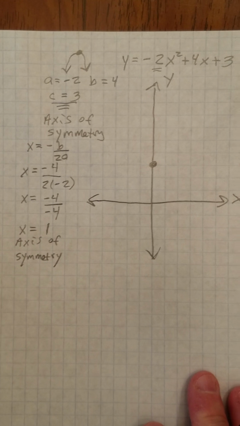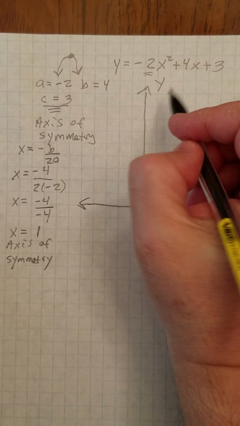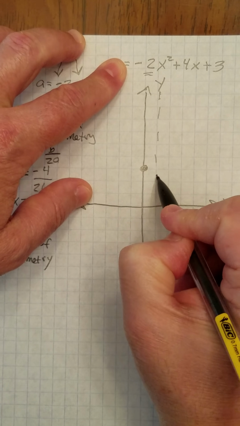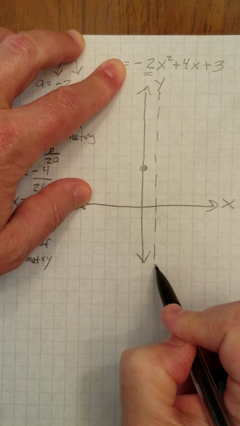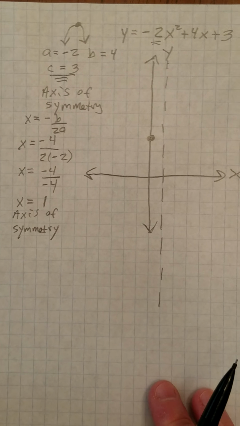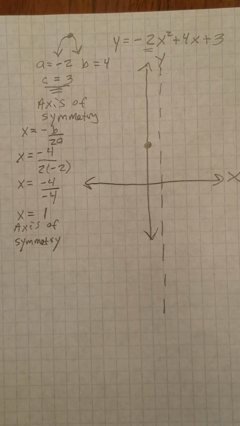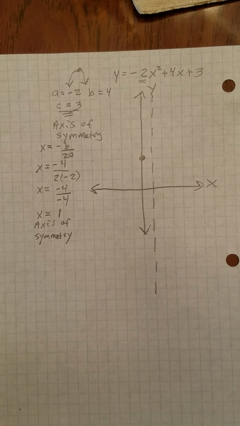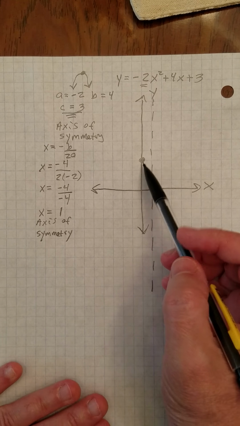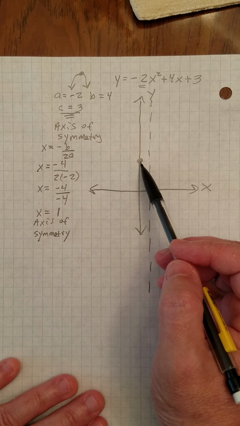And I'm going to draw that line, x equals 1. I'm going to draw it right here. There's that vertical line crossing the x-axis at 1. And now we're going to take a look at reflecting the y-intercept.